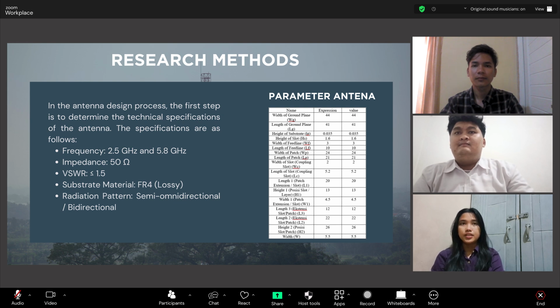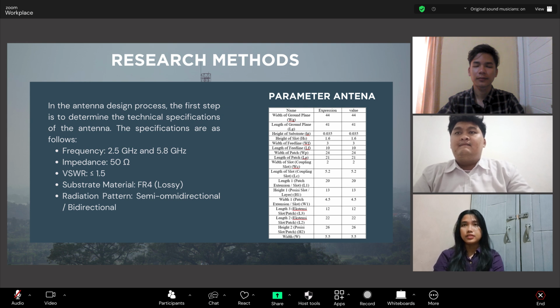This table presents the detailed design parameters used in the development of the dual-band rectangular microstrip antenna. Each parameter plays a crucial role in shaping the antenna's physical structure and performance characteristics.